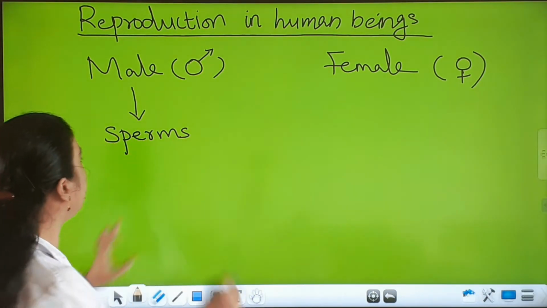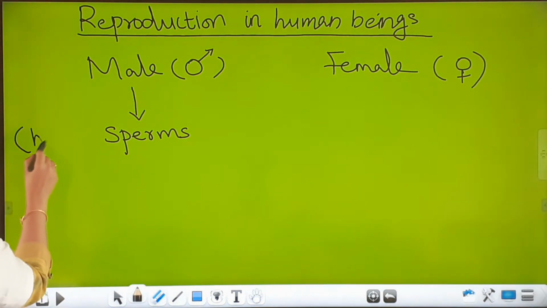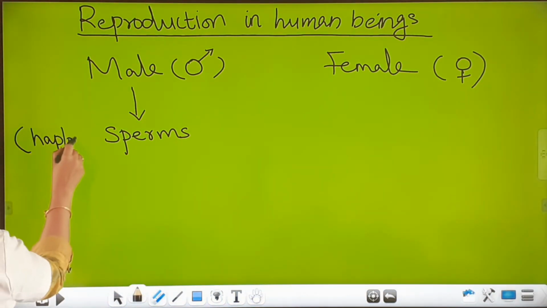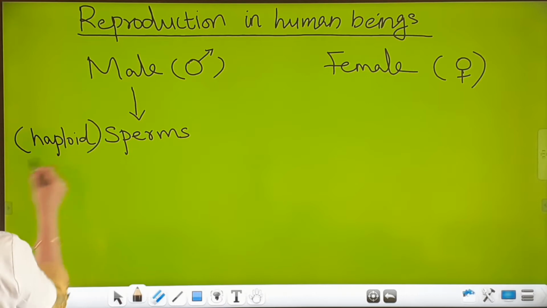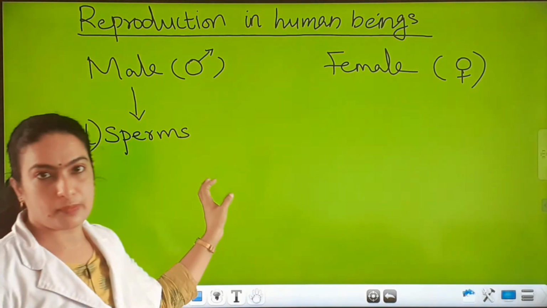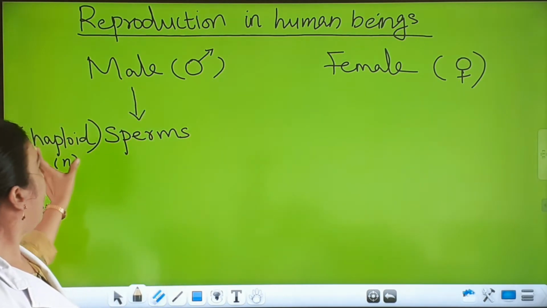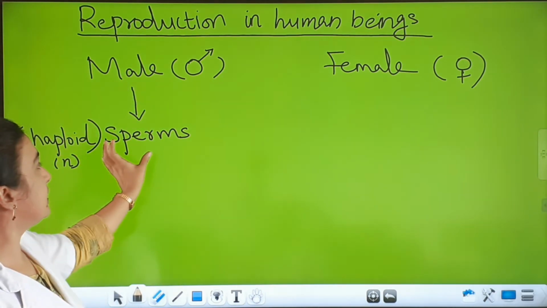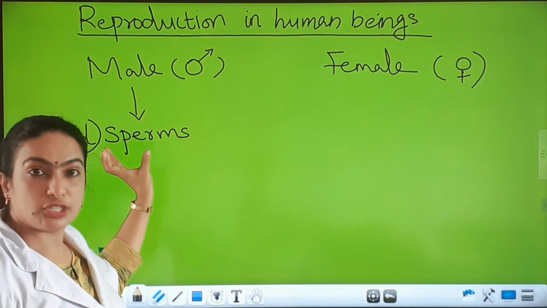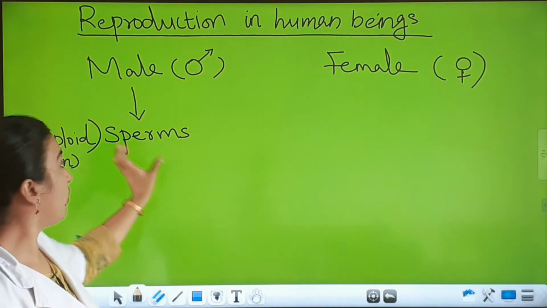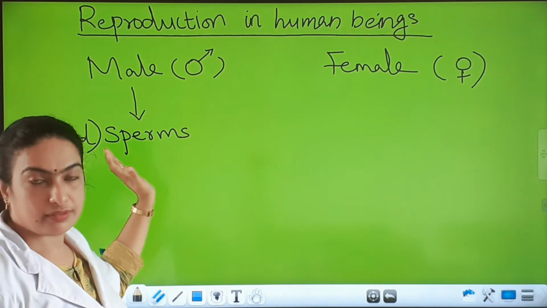So haploid means which consists of only 23 chromosomes, and it is denoted as small letter n. Okay, so the gamete of male is sperm and which is haploid because it consists of only 23 chromosomes or half the number of total chromosomes.